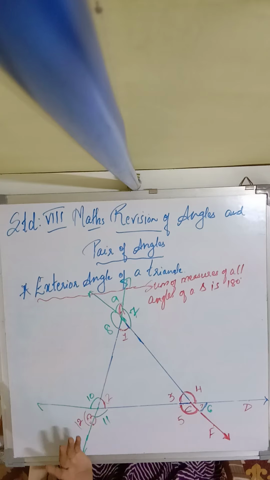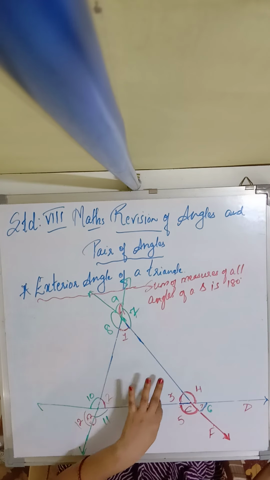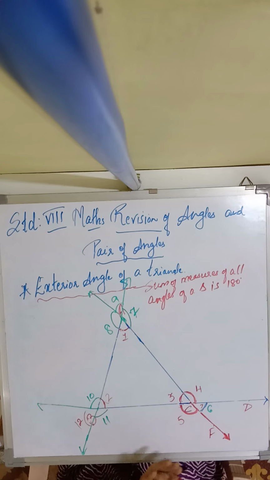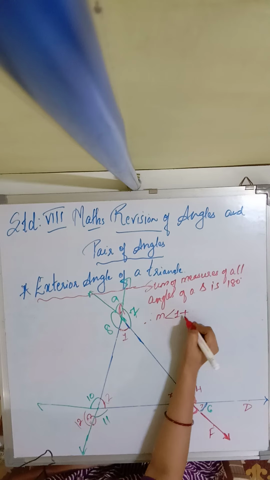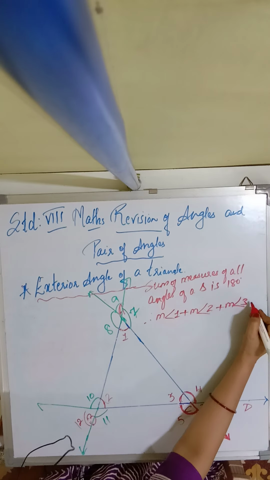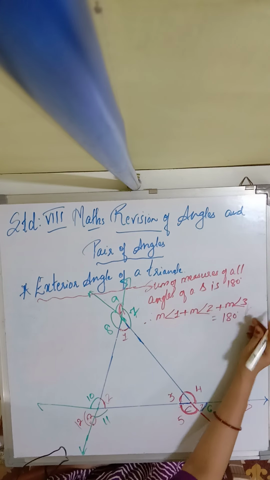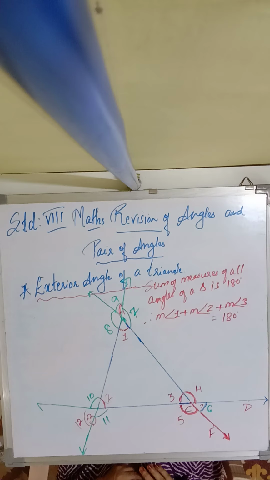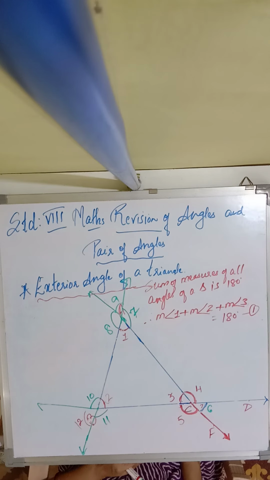This is a rule which we have learned in 7th standard also, that the sum of measures of all three angles of a triangle is 180. Therefore, measure angle 1 plus measure angle 2 plus measure angle 3 will be 180. Clear? This is equation 1.